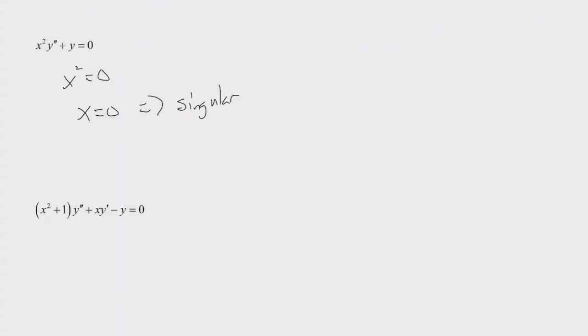And lastly, x squared plus 1, and all that other stuff. So if I set that equal to 0 and solve, I'm going to get complex solutions, whereas all the other solutions would be considered ordinary points.